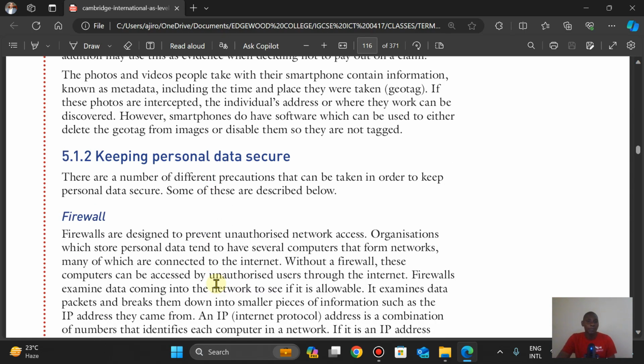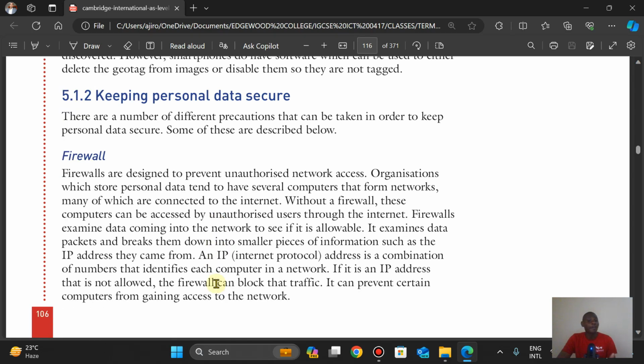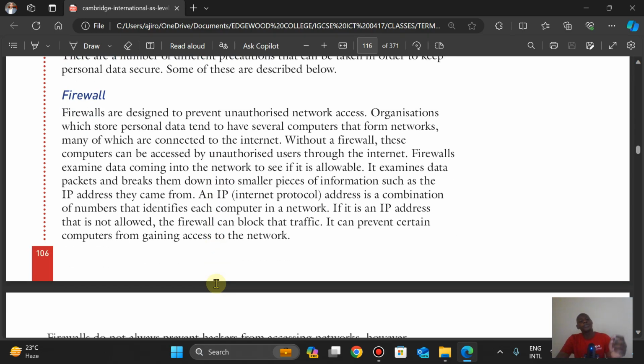Okay, so keeping personal data secured. There are a number of ways to keep personal data secured. We'll talk about firewalls. Firewalls are designed to prevent unauthorized network access. Organizations that might store personal data tend to have several computers that form networks, many of which are connected to the internet.